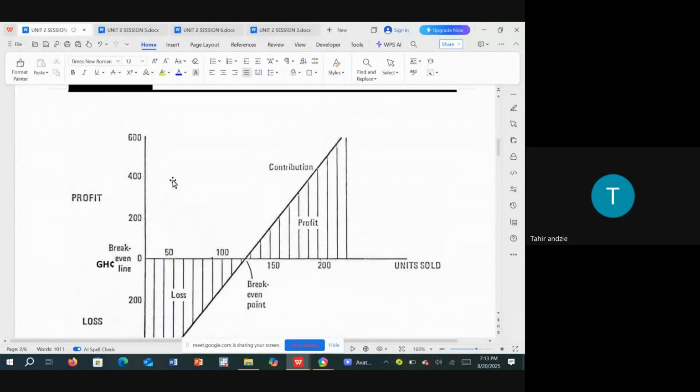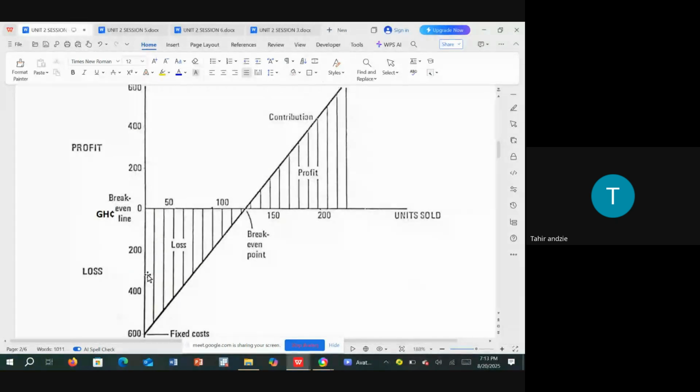In this example, the fixed cost is 600, then the profit is also 600. These are the activity levels: 50, 100, 120, 150, 180. This is the break-even point, where we have made no profit nor loss, because this is the loss zone, this is the profit zone. So at the origin, no loss, no profit is made. That's the point where we break even, and after that point, the profit will emerge.